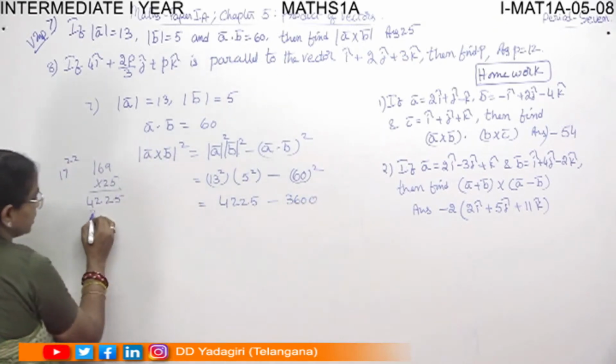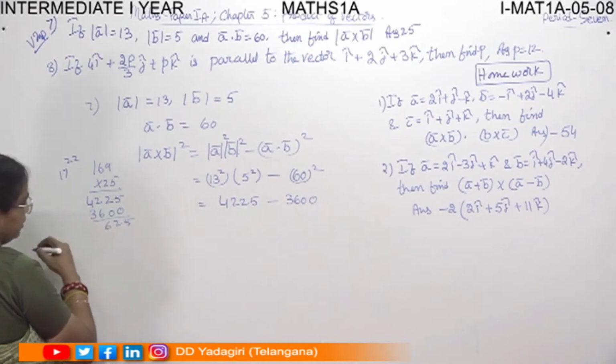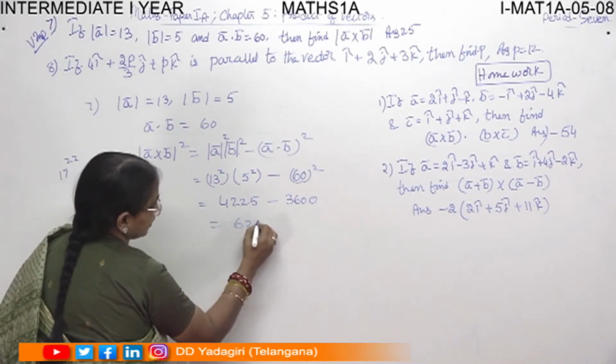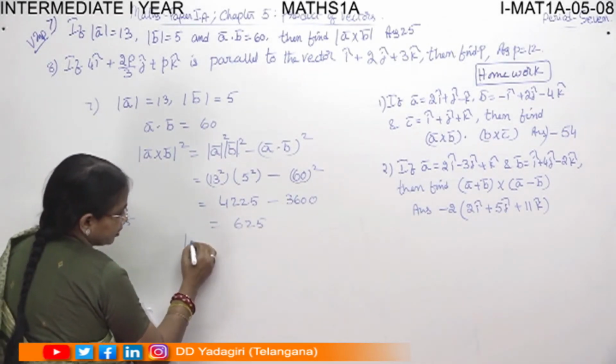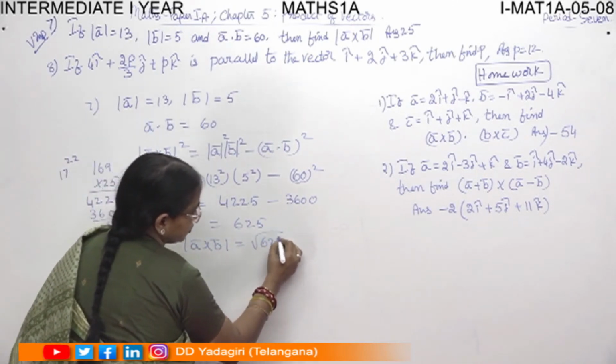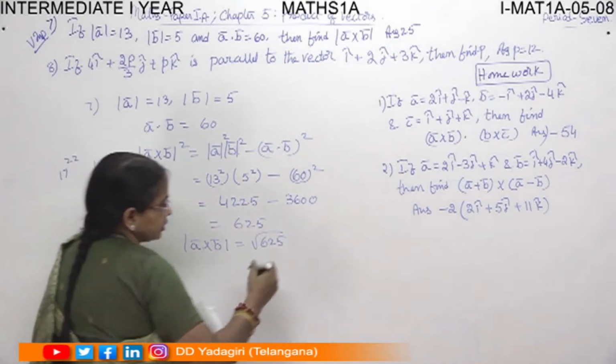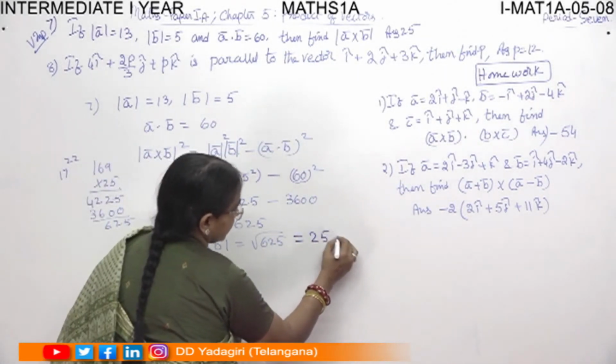So minus 3600, it is equal to 625. So mod of A cross B is equal to root of 625. Mod A cross B is equal to root 625, that is 25. Like this you can do.